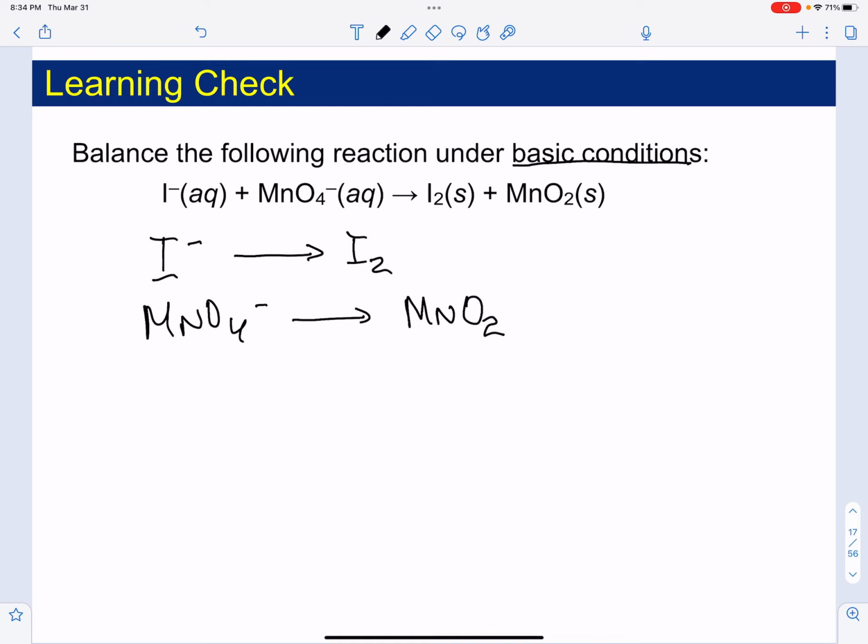So the first one, really easy to balance. We need 2 iodides on this side. That means the left side is a total of 2 negatives, so we're going to need 2 negatives, and we do that with electrons on the other side. And that one is already balanced, and this one, the electrons are part of the products, so this one is oxidation.